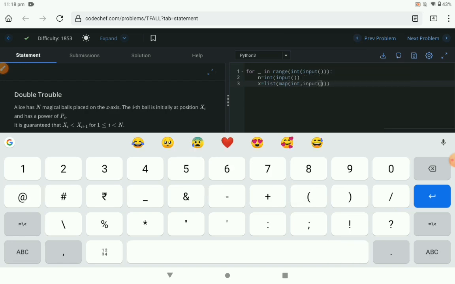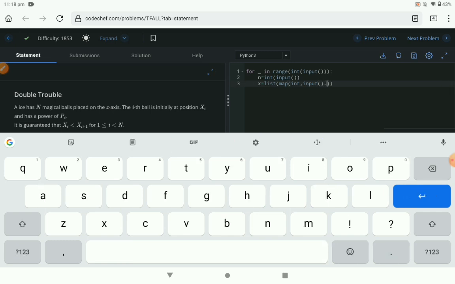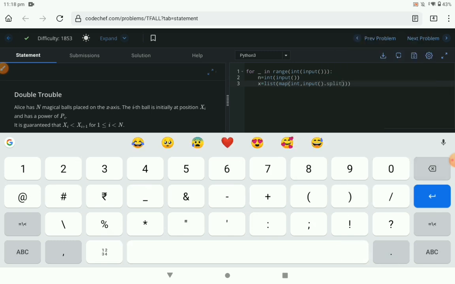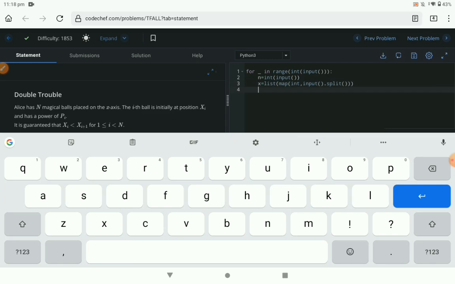I have taken the x as input now, and then I have taken the power as input.